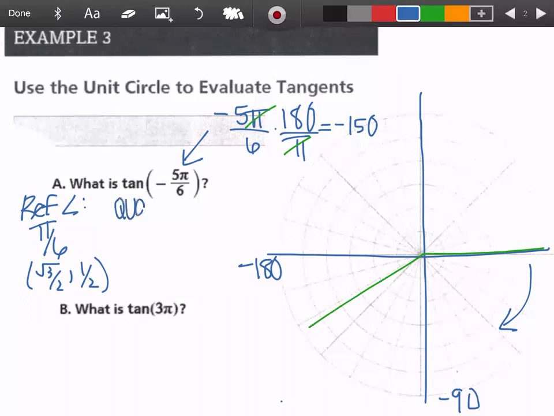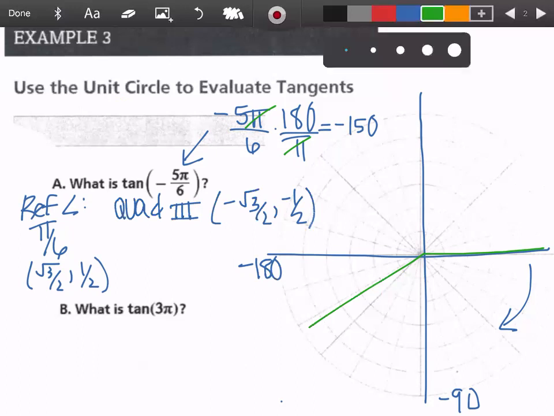It's in quadrant 3, which means that our point has a negative x, so negative root 3 over 2, and negative 1/2. But we do need tangent. So before we were doing cosine or sine, so we could just take one of those x or y values. But tangent, remember that tangent is sine over cosine.